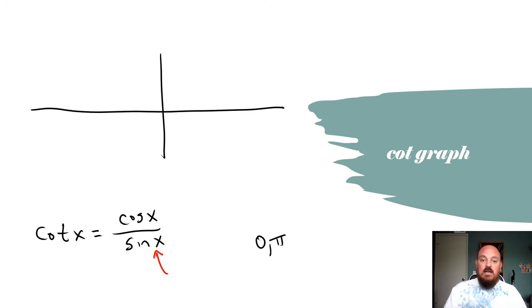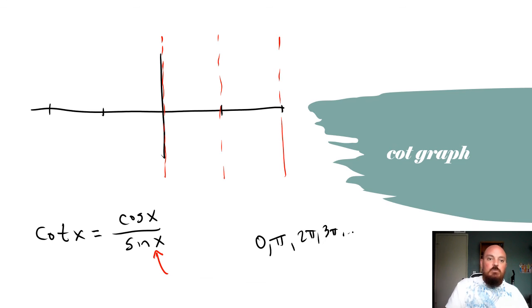It's every whole numbered pi. It's 2 pi, 3 pi, dot, dot, dot. It's negative pi, negative 2 pi. So for cotangent, you get an asymptote right down the middle. And if I count by pi again on my x-axis, you get an asymptote right on the whole number pi. 1 pi, 2 pi, negative 2 pi.